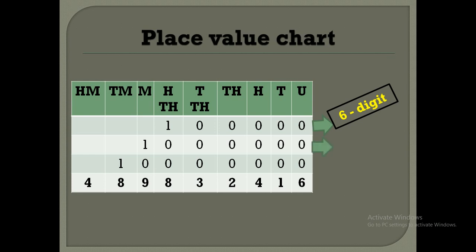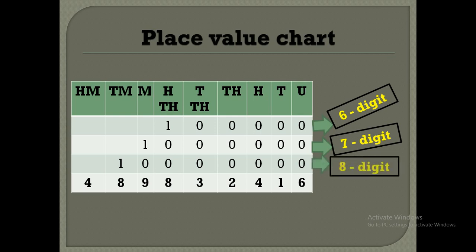In this chart we can see that as the number of digits increases, the value of the number also increases. Like a 7-digit number is million. We notice that an 8-digit number is 10 million, while the 9-digit number is the 100 million.